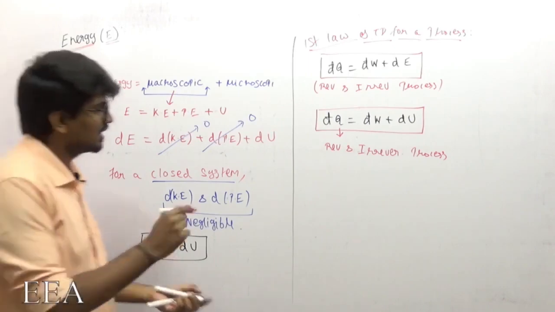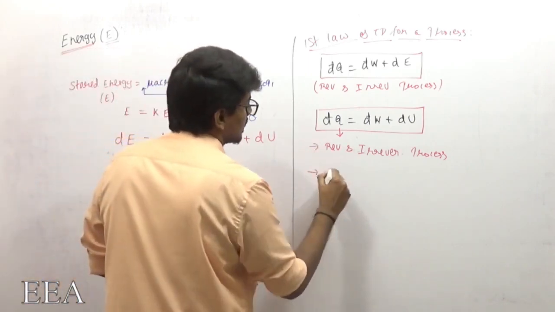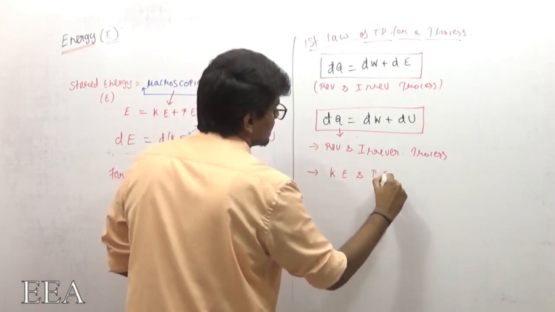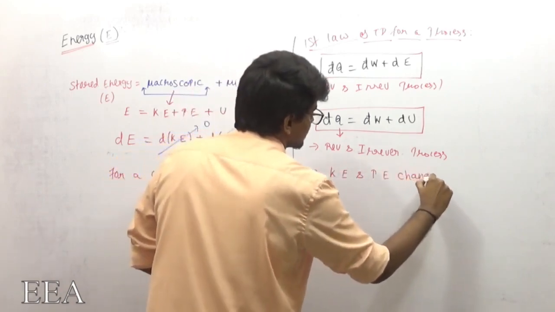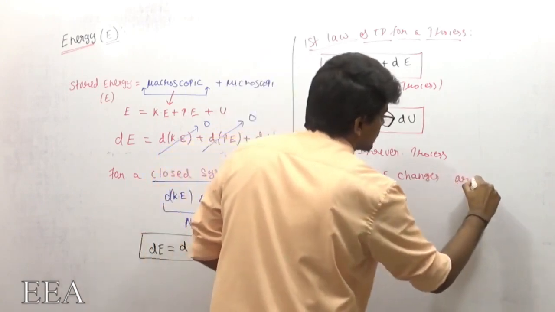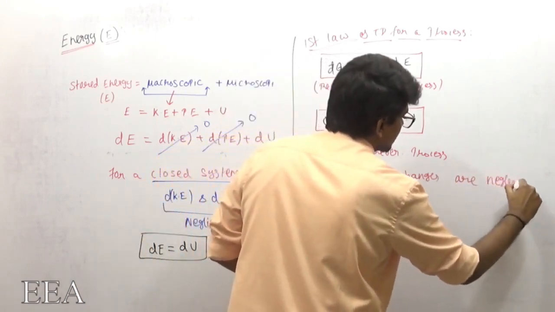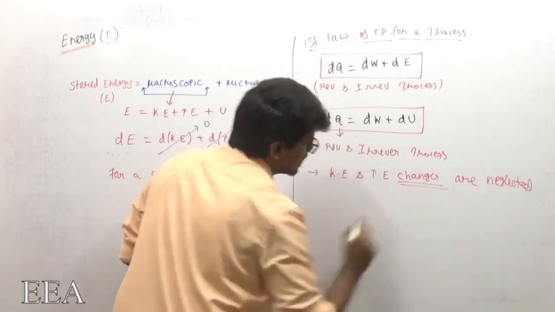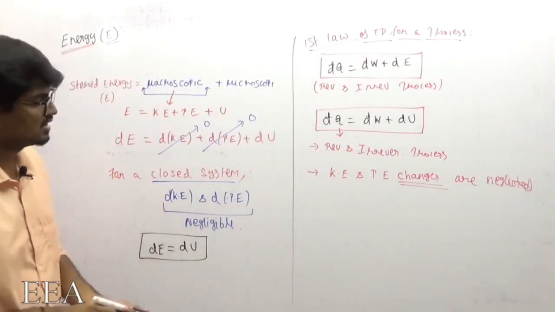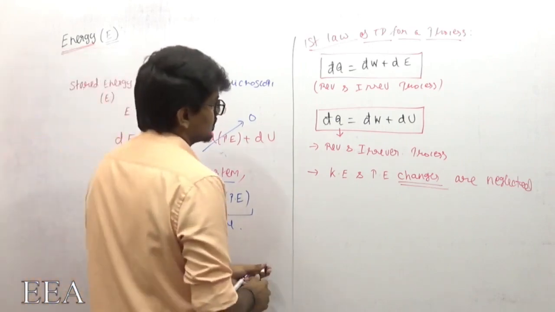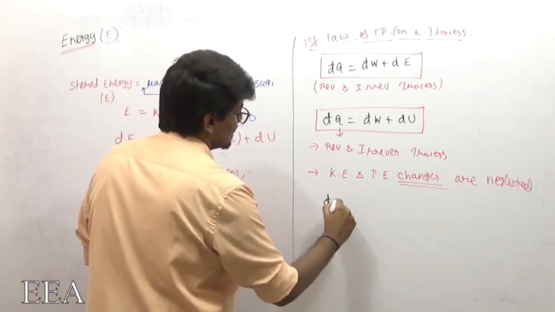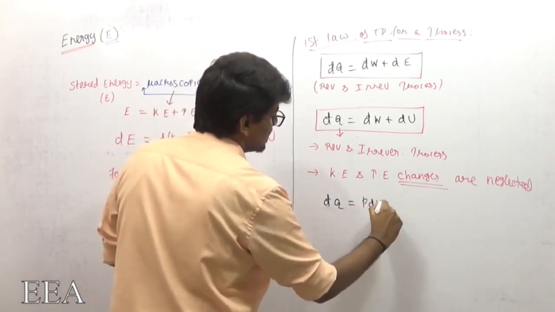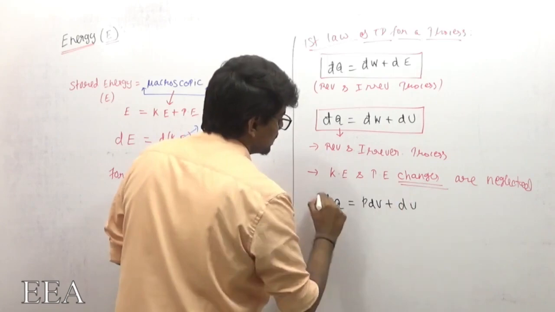But what is the next assumption? Kinetic energy and potential energy changes are neglected. Just adjust with my handwriting. So kinetic energy changes and potential energy changes are neglected. Now suppose δQ is equal to PdV plus dU.